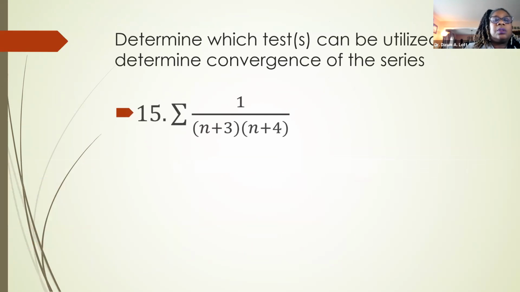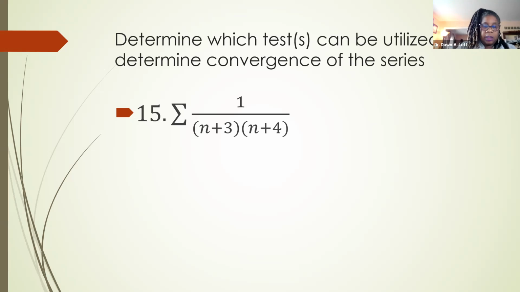And this last one, what can I do with that? If the denominator did not have a 3 or 4, what would it look like? N squared. Good, which is a P series.